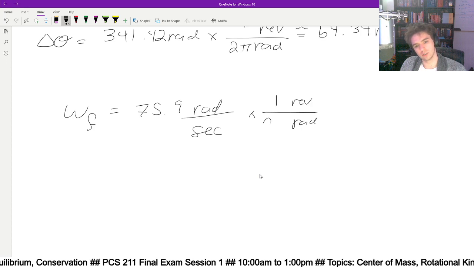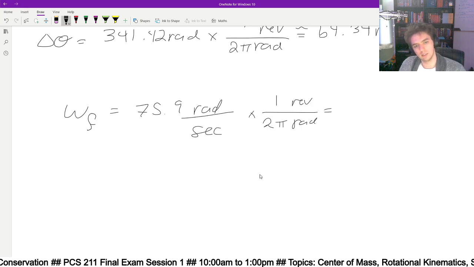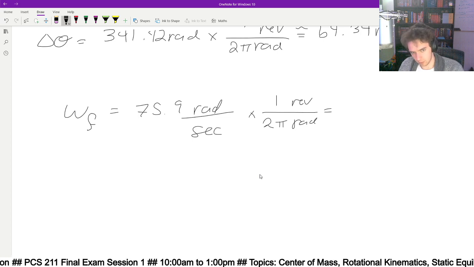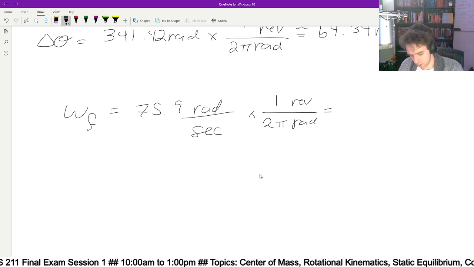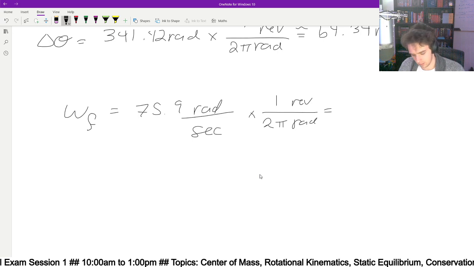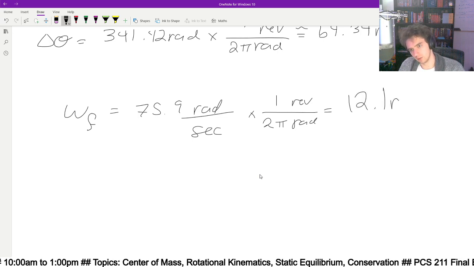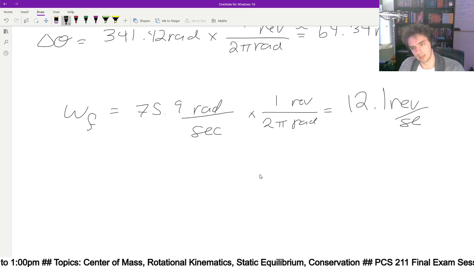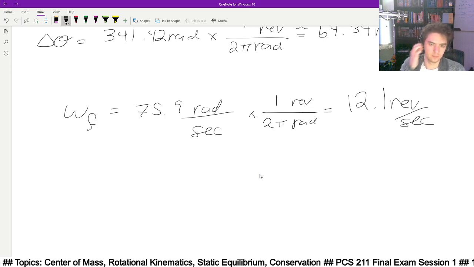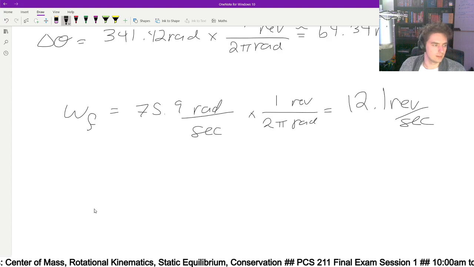In 1 revolution, there's 2 pi radians. So I do 75.9 over 2 pi, so 12.1 revolutions per second. And that's that.